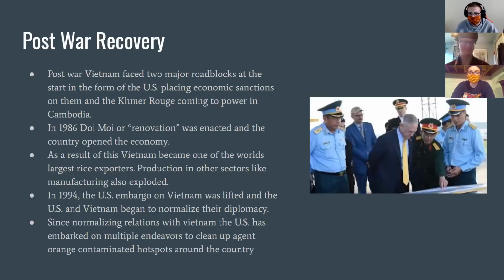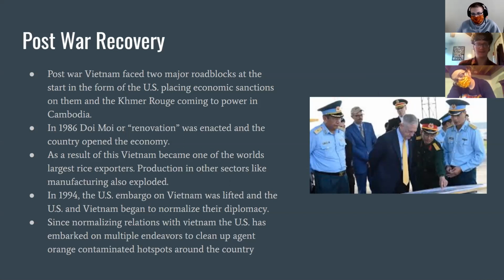As our voyage comes to a close, one of the things we wanted to highlight was some points of post-war recovery in Vietnam. Post-war Vietnam faced 2 major roadblocks with their initial recovery from the war: the US placing economic sanctions on them and the Khmer Rouge coming to power in Cambodia.